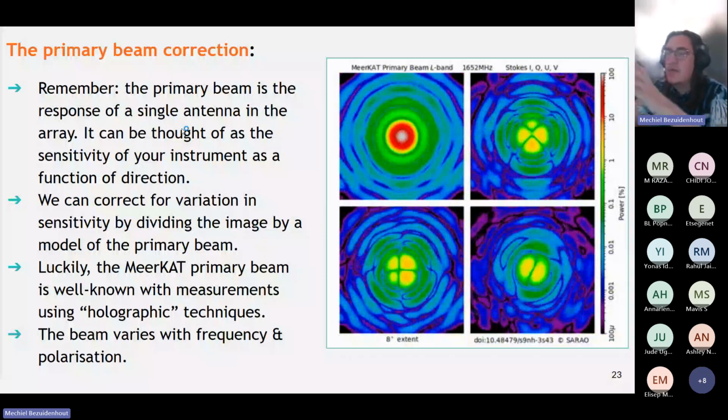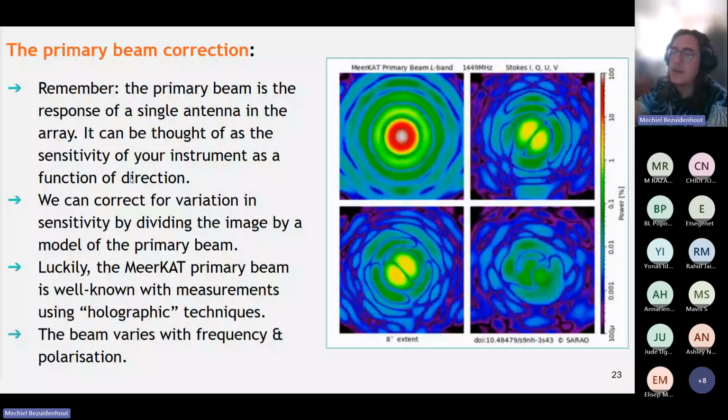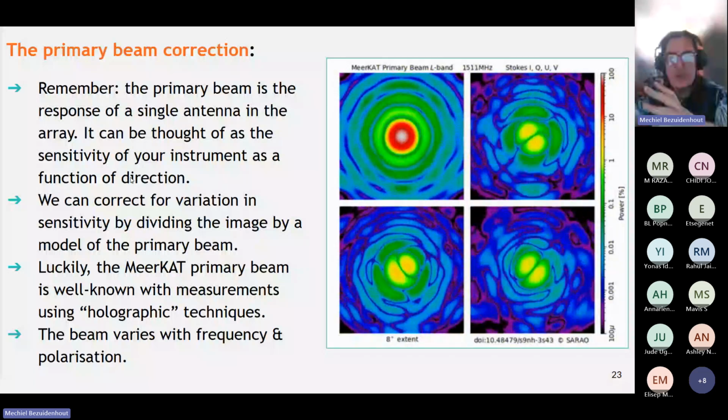And the primary beam usually has an approximately Gaussian shape. So it is sensitive at the center and then it falls off towards the edges. So if you make an image, then that primary beam is going to cause the sources on the edge of the image to be less sensitive.